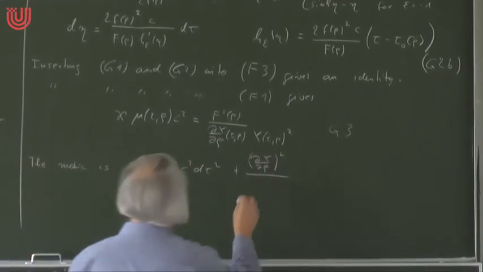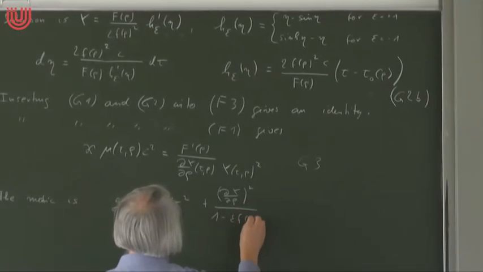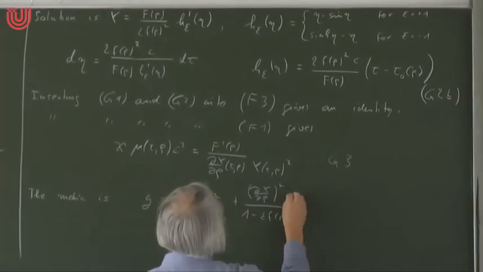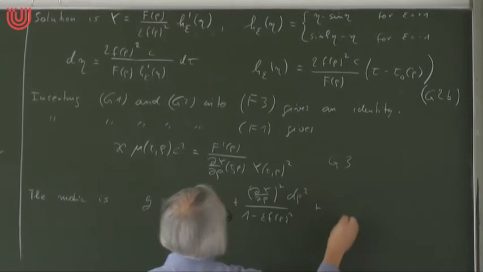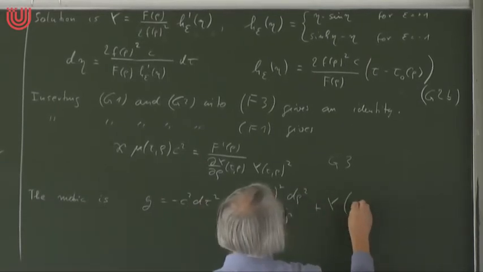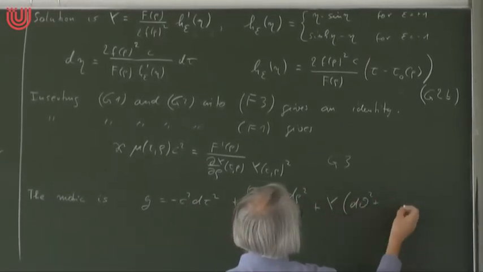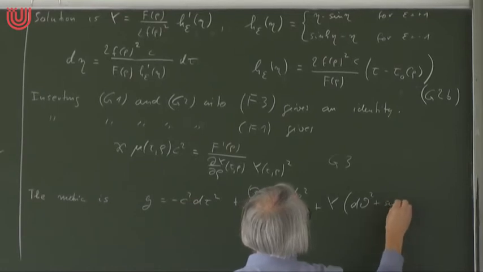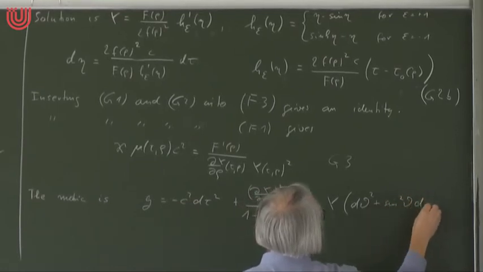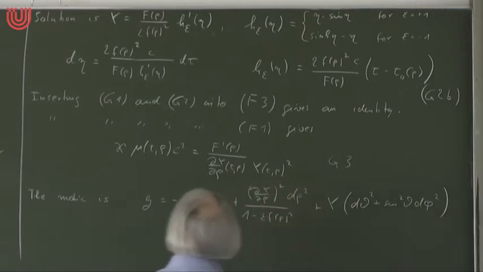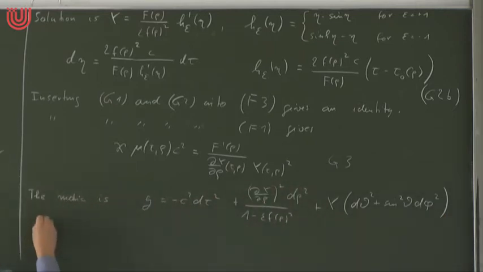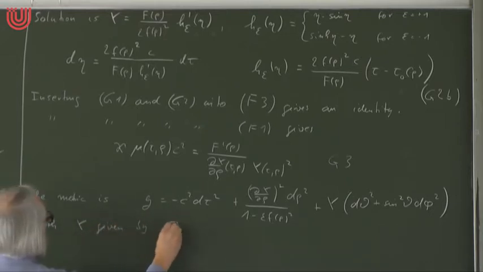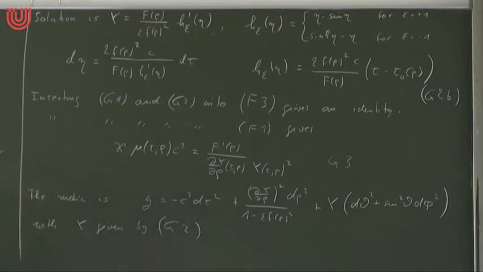Over 1 minus epsilon f of rho squared plus y d theta squared plus sine squared theta d phi squared, with y given by G2.